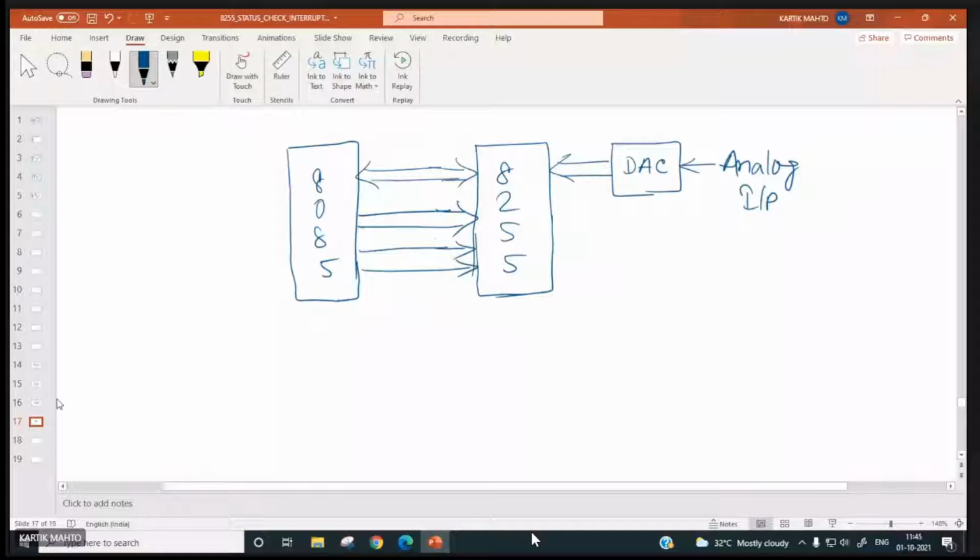So this is how you will get the solution of connecting the DAC.